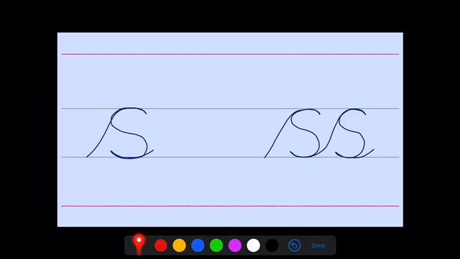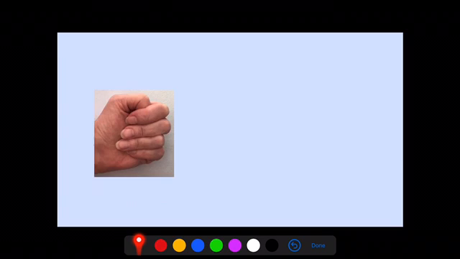So, when we hear s, do we write s or do we write double s? That's what we say if two letters are exactly the same. Double s. Let's have a think.